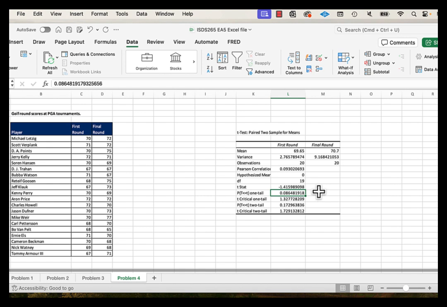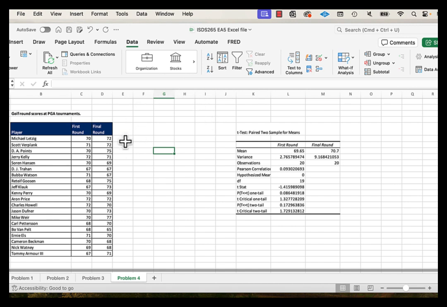On the other hand, if your claim was that the competitive spirit kicks in on the final round and scores fall, your data doesn't support that, because averages on the final round were actually higher. So it doesn't matter what the p-values would be. That's how you do that one.